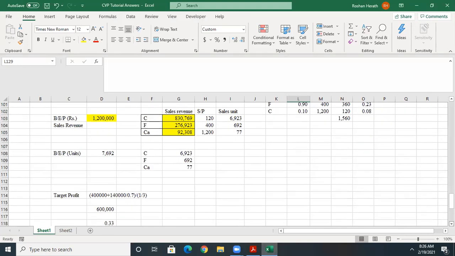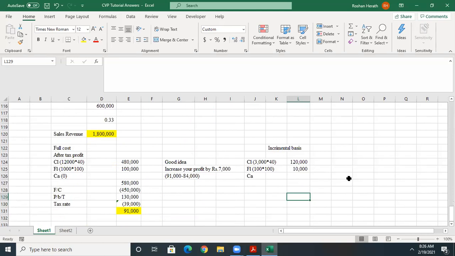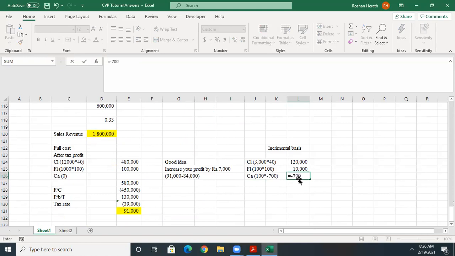So what is the drop in contribution from the capping? It's 700 into 100. So this is the drop in contribution.